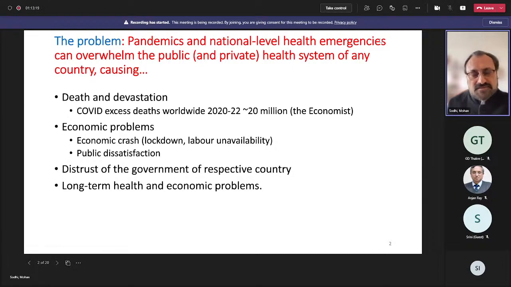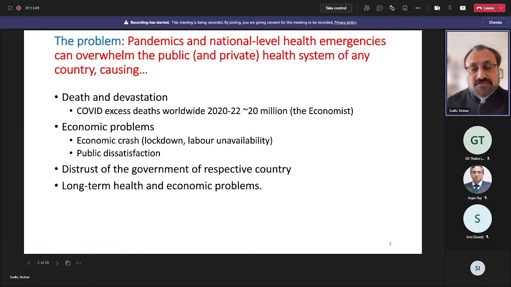Of course, the economies of many countries have been shattered. Now, of course, they'll be building up, but the building up also has created problems and therefore slowed down the recovery. And it doesn't matter whether it's UK, US, India, China. The economics then produces public dissatisfaction. We've seen protests here in London, and Professor Kaveri has seen protests in Paris against the government, anti-vaxxers and so on.